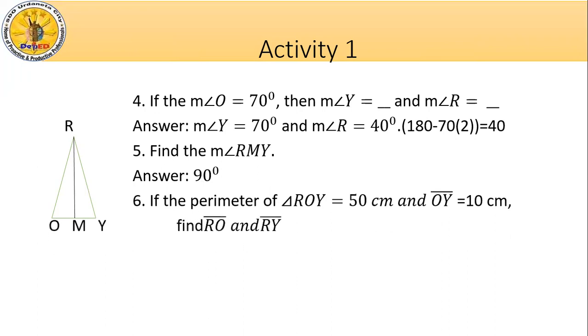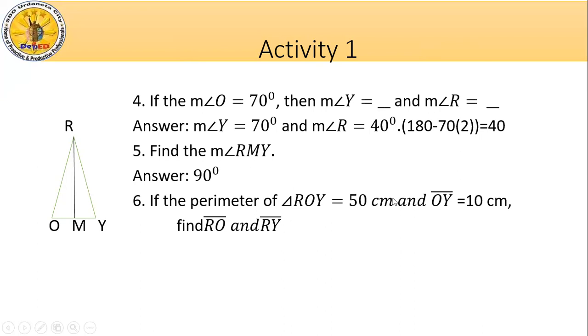If the perimeter of triangle ROY is equal to 50 centimeters and line segment OY is 10, find line segment RO and line segment RY. Since the perimeter is 50 and line segment OY is 10, we know that the perimeter is the sum of all the sides.